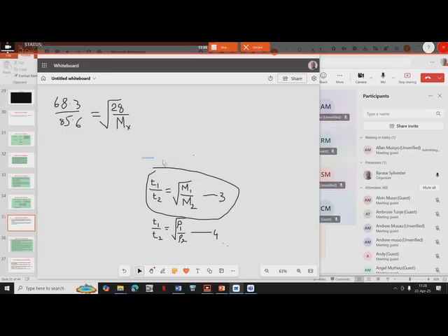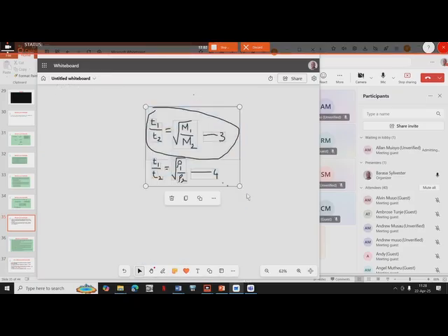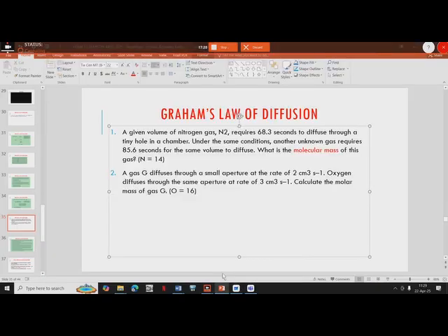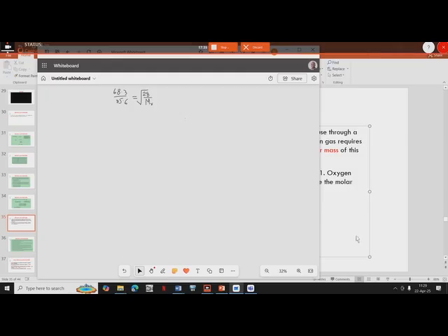Okay, so at that point, what now remains is simple mathematics. There are several options when you reach here. You have the option of squaring both sides, so that you remove the square root, or you can decide to work out 68.3 divided by 85.6 before you do the others.